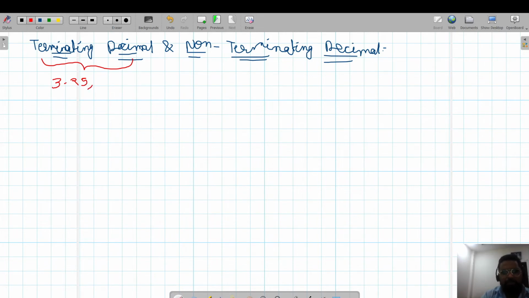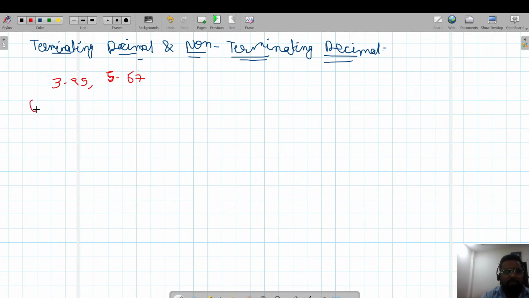Another is 5.67 bar, where bar means this number is repeating again and again. It is non-terminating, but it is still a decimal number.